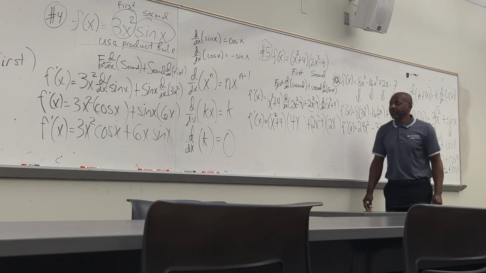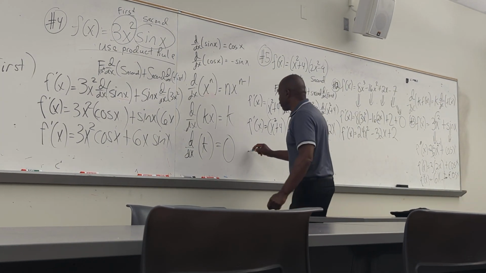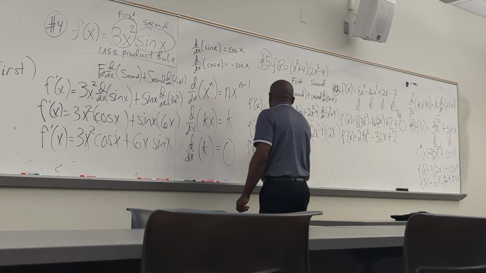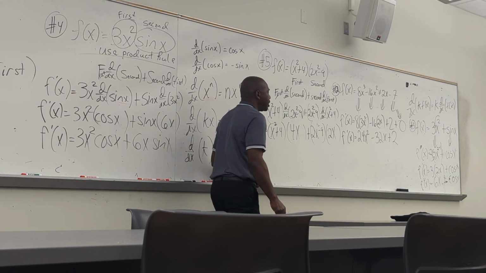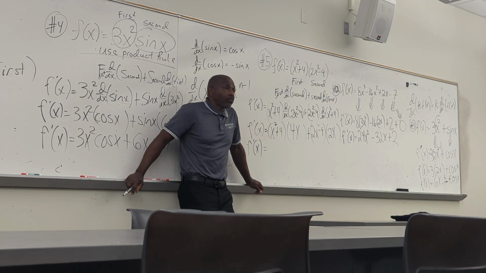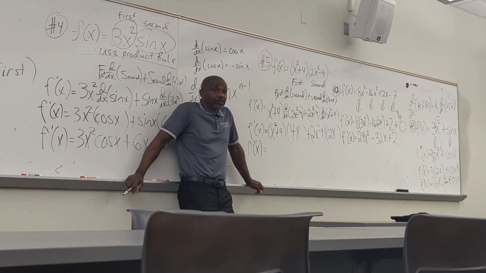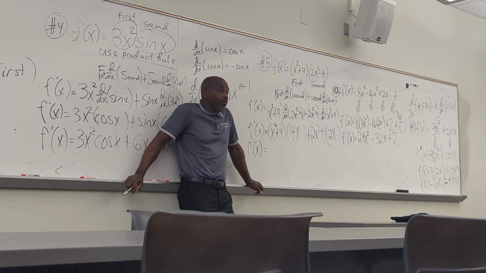Now I know my class knows how to use the multiplication principle so we can multiply this out. Can anybody tell me what x squared plus 4 times 4x is equal to? 4x cubed plus 16x.